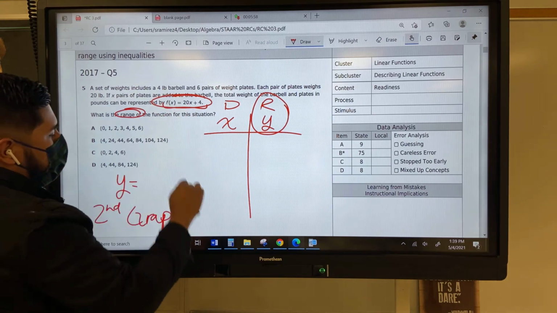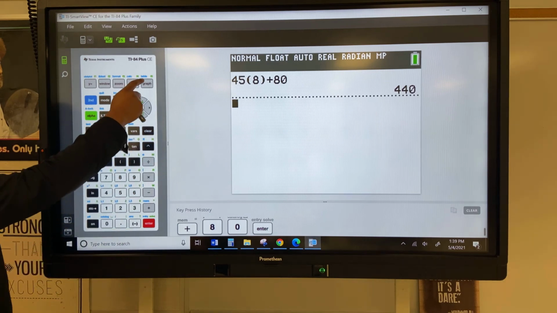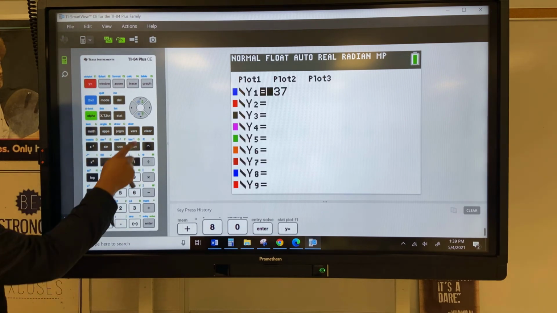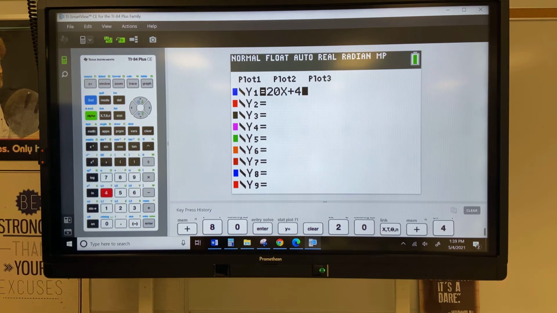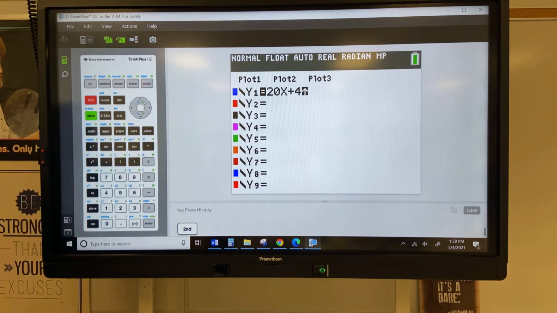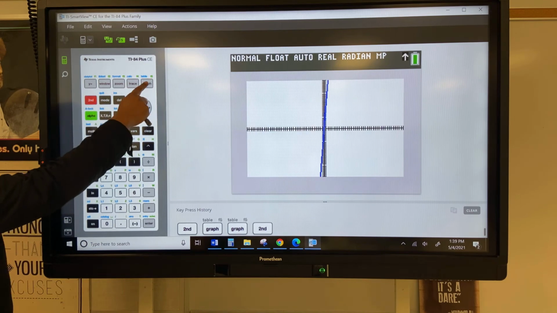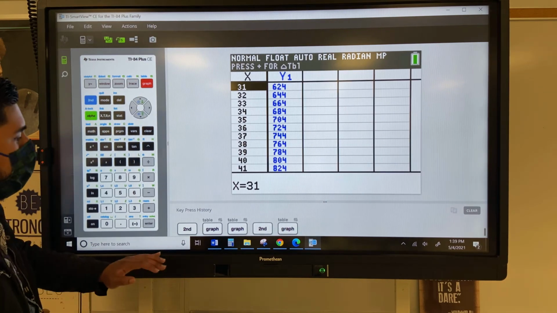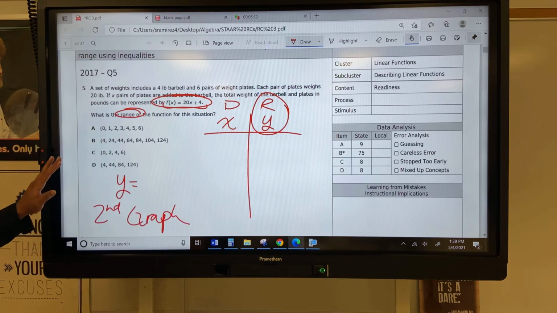So 20x plus 4, we go to my calculator, we go to Y equals, clear this, 20x plus 4. Second's my blue button, press the graph in the corner. Second graph, there's my table, but let's look at the answer choices.